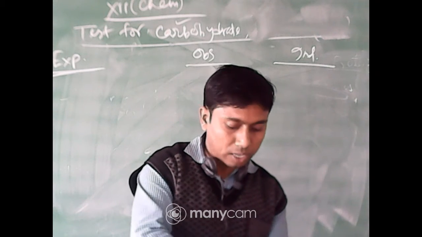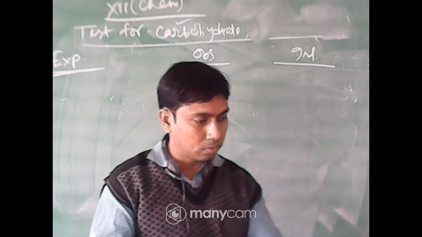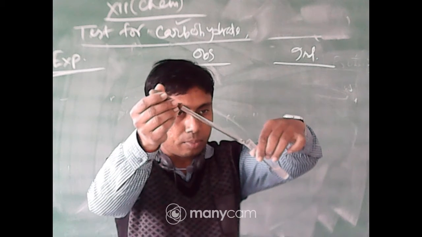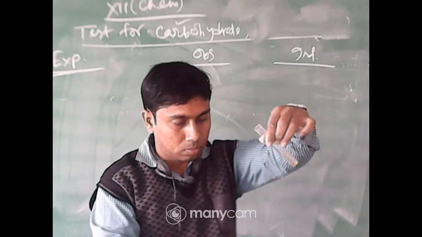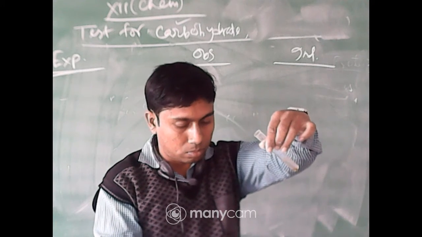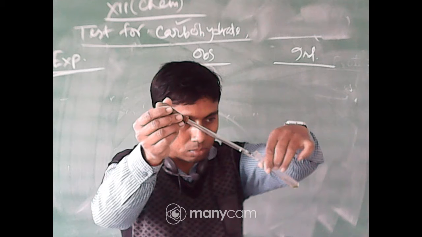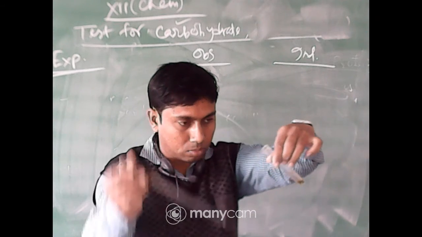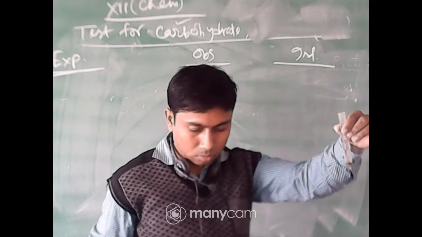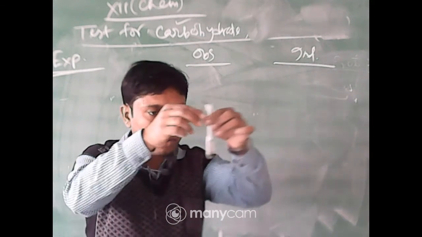This practical you have to write in your practical copy. Okay. Now look at the bottom. Now you can see a ring is produced, a violet color ring is produced.